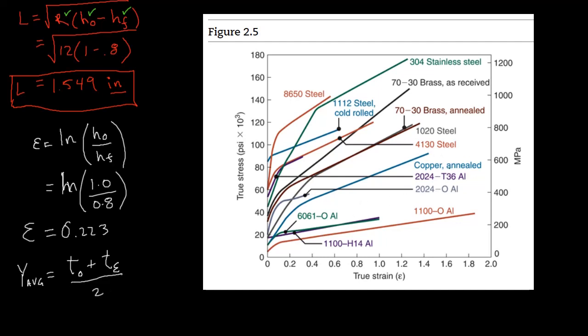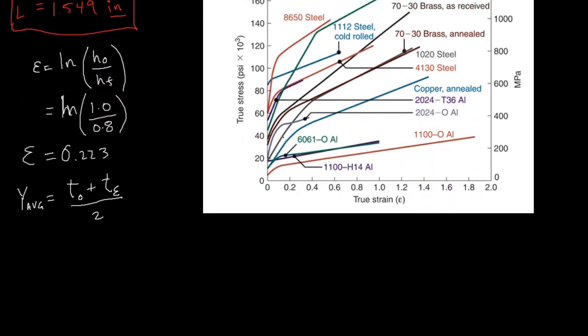Annealed copper is this blue line right here. You can see here that this is where it intersects between 0 and 20. It's about 10,000, 11,000, or 12,000. It's kind of hard to see, but it looks closer to the 20, so 12,000.